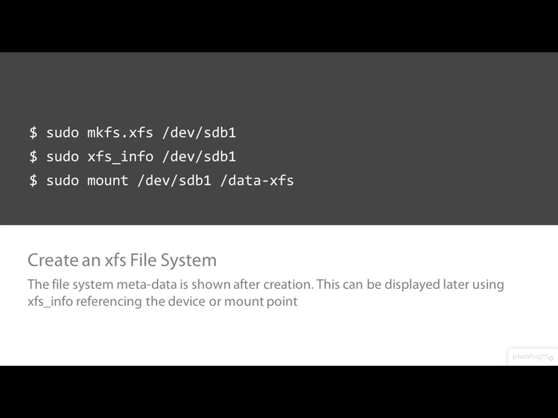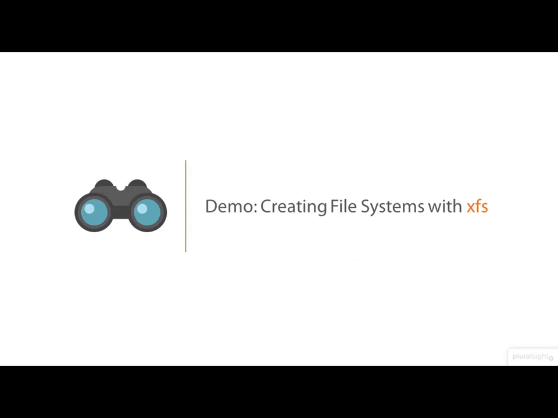So if we go through and mount this partition through to /data/xfs, we can get to see the same information with xfs_info by looking at either sdb1 or by looking at the /data/xfs directory, the mount point for the partition. So let's take a look now at working with creating an XFS file system on our CentOS 7 device.